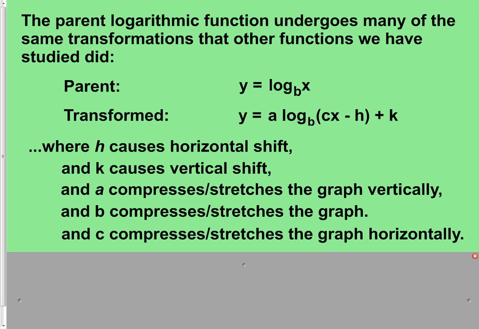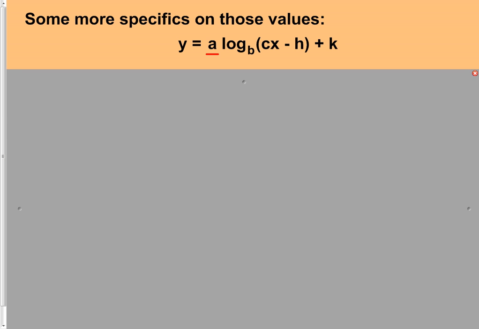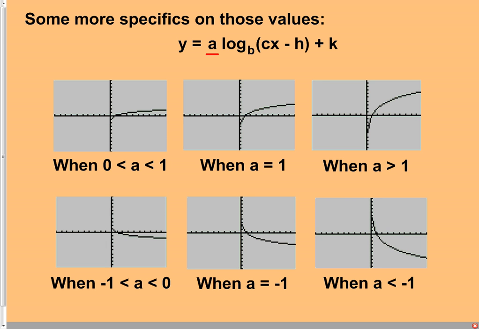And B, like I said, does kind of compress or stretch the graph, but it's more of a distorting effect. So we haven't spent a whole lot of time worrying about B, since we don't really understand the math of log. We don't really understand the base itself. There's really no point for us to spend any time trying to interpret B and what it's really going to mean to the graph.